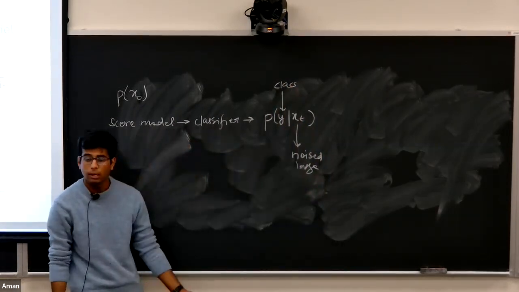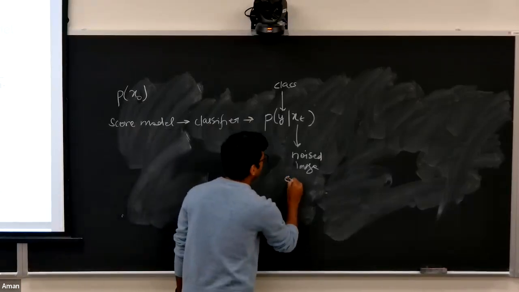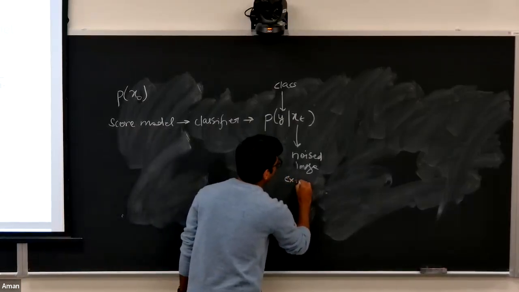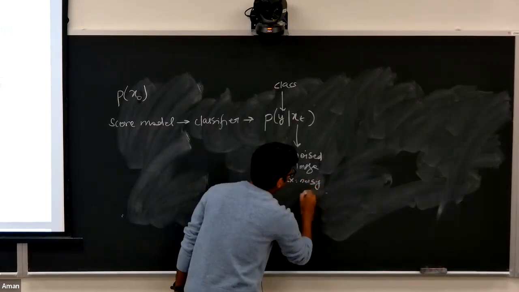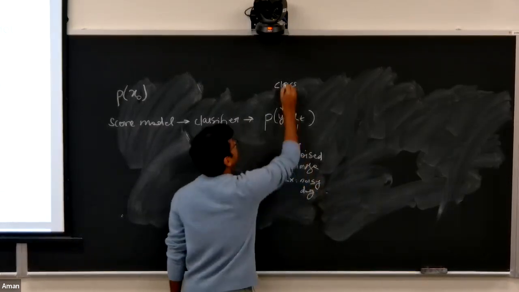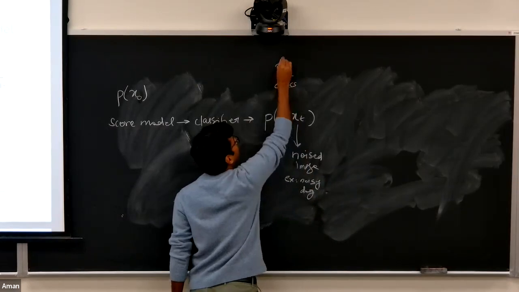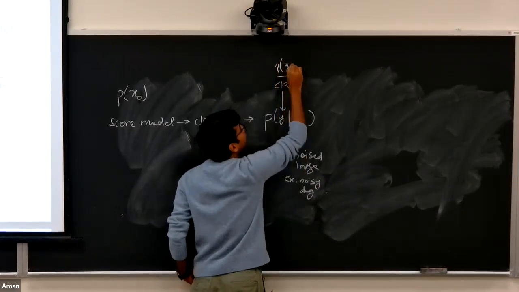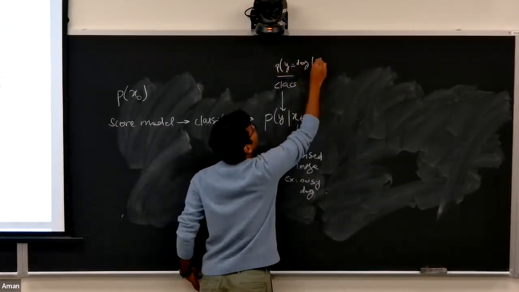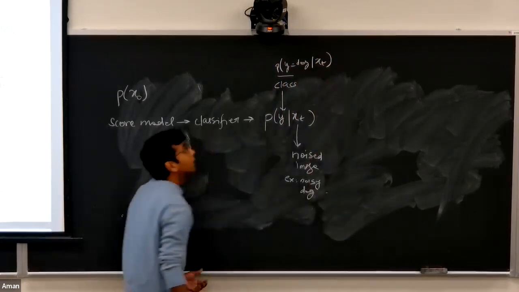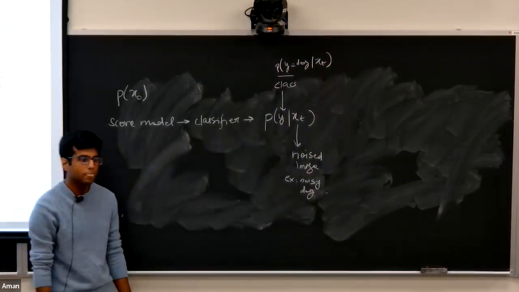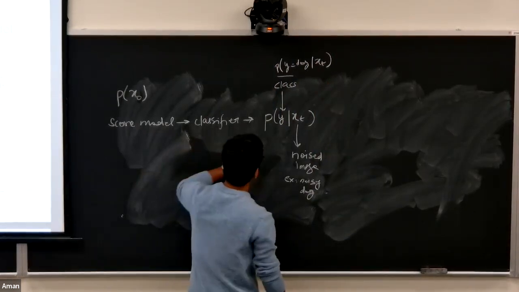So in our example, this will take a noisy dog and predict the probability of this image being a dog given xt. So these are the two models that you train.